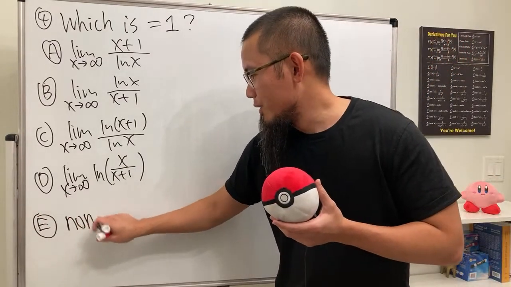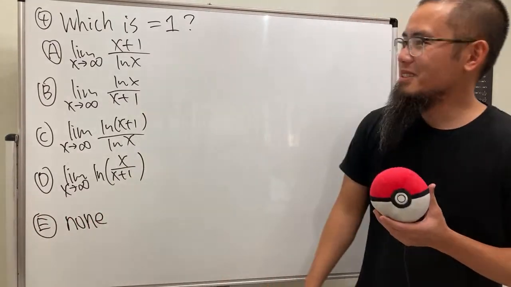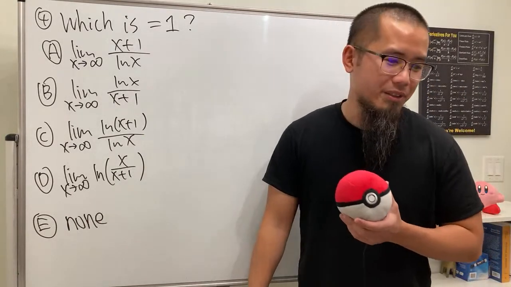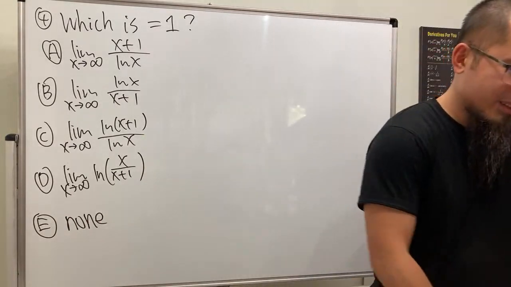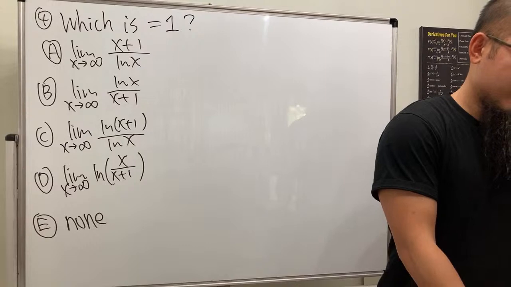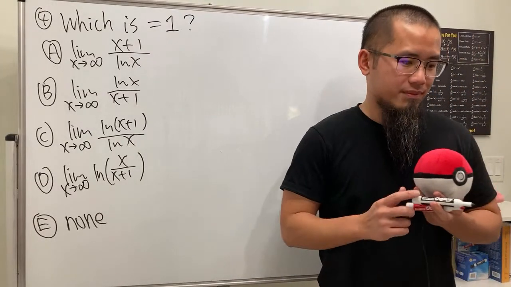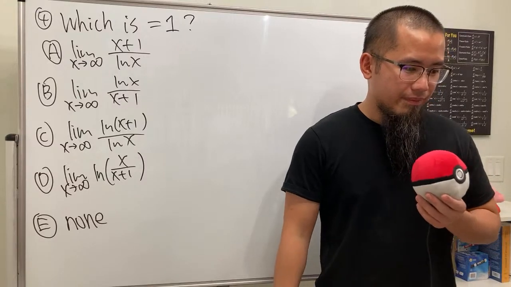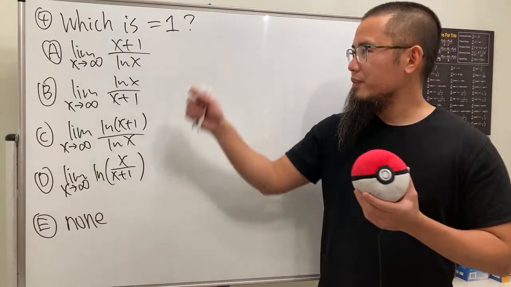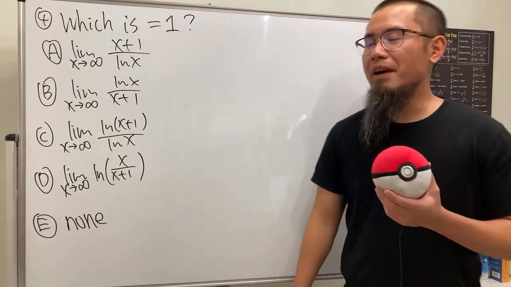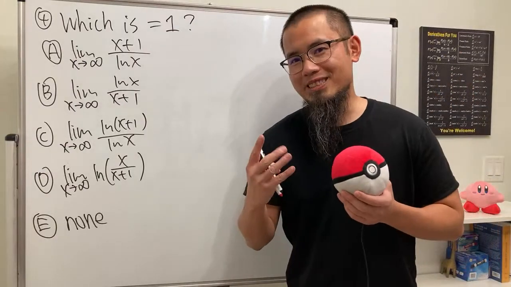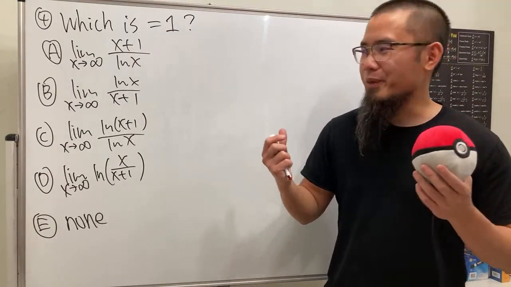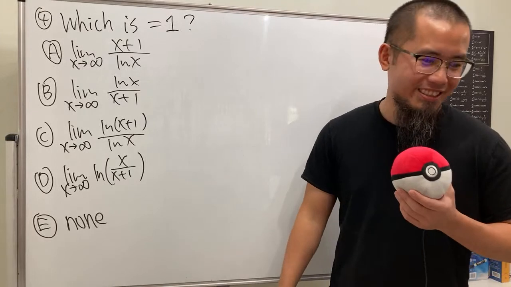With this option, that makes this question automatically harder. So which one is it? Which of these limits gives you 1? In fact, I'm making you guys do 4 limits instead of just 1. So this is one reason why I love multiple choice questions.